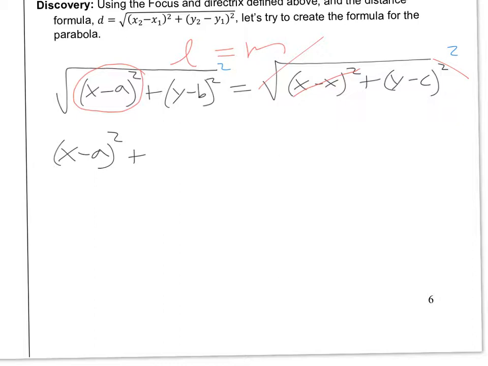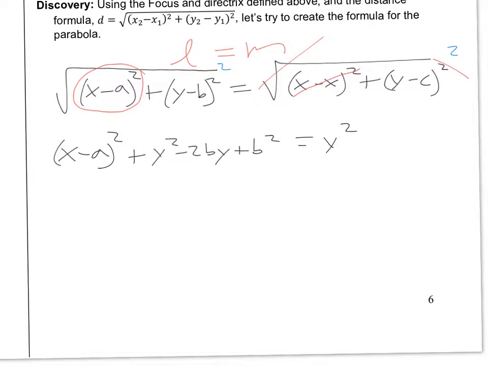It would be, if I was using the box method or FOIL, it would end up being y squared minus 2by plus b squared equals, and remember, all I have left over here now, we said this square canceled out with this square, but then I squared both sides to get rid of the square root. So now all I have over here is a y minus c squared. And again, I'm going to just expand that out.